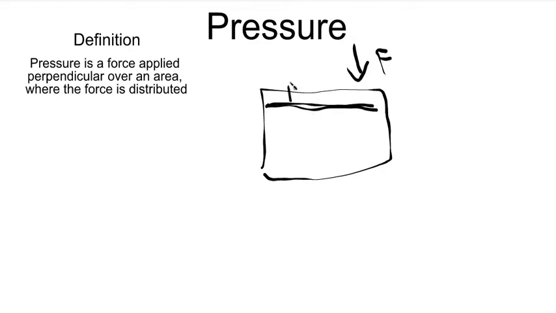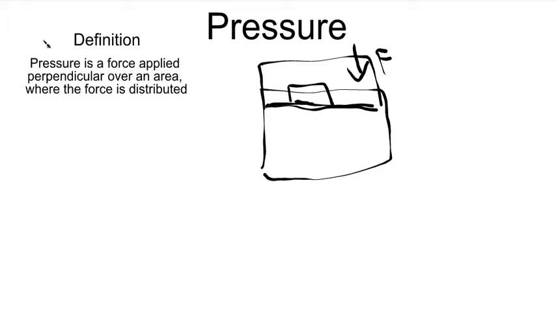If you only applied force on this area of water, there'd be more force in this area. But if you distributed it over the whole bucket, there'd be less force per every point.